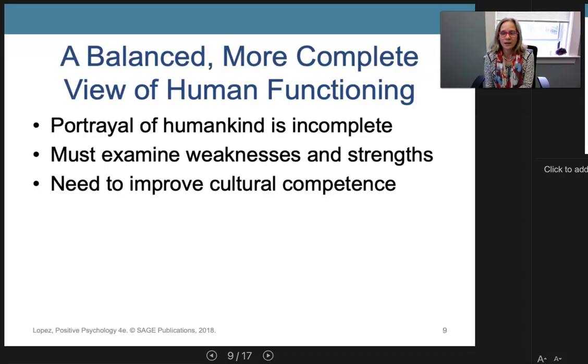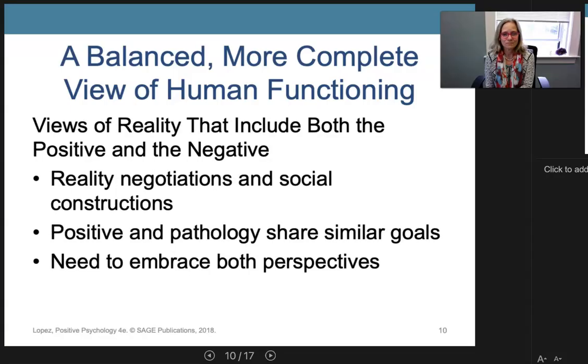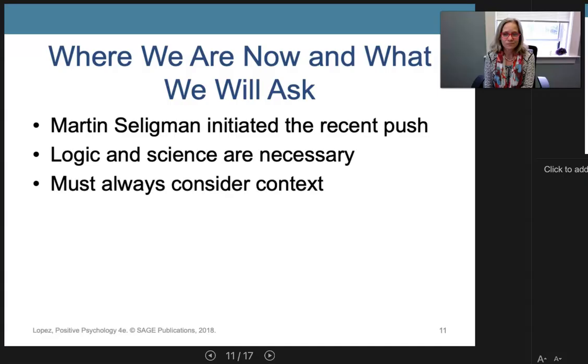It's important to recognize the cultural backgrounds of folks. And we need to really embrace the positive and the negative. The reality negotiates social constructions of how we think about ourselves in the world. And positive psychology and pathology, they share similar goals. We want people to be better, to flourish, to do well. And it's important we embrace both of these perspectives.